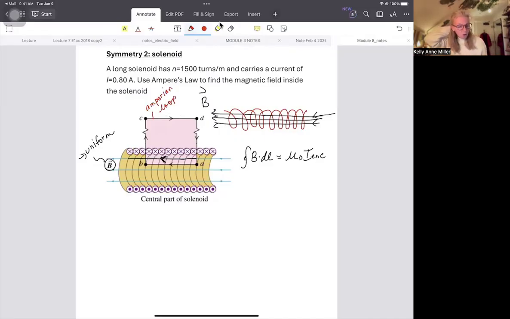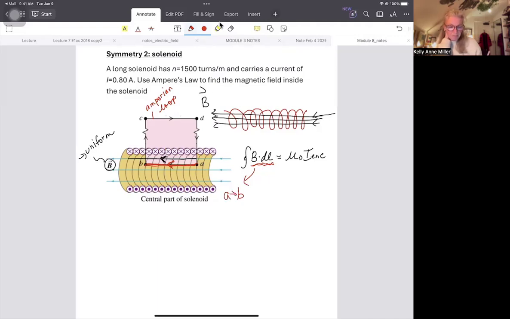And it's really only this part of the loop that has any B field to dot product. The only contribution is going to be from path, well, I mean it's this one, so from A to B.